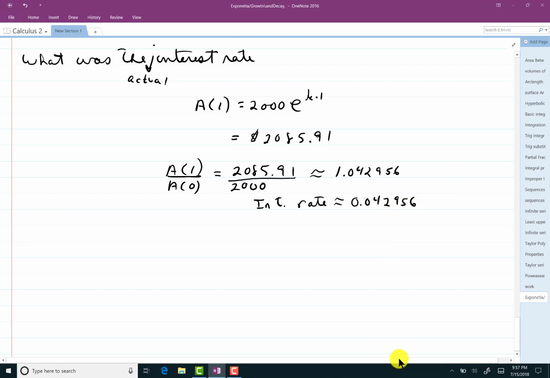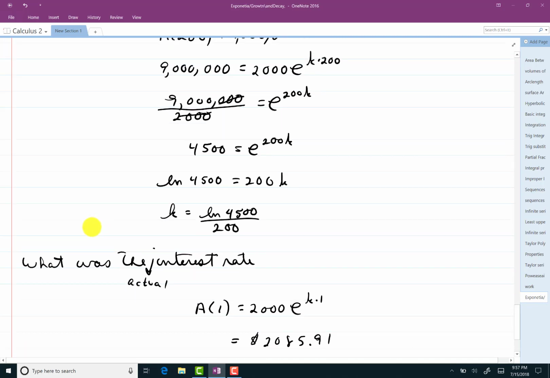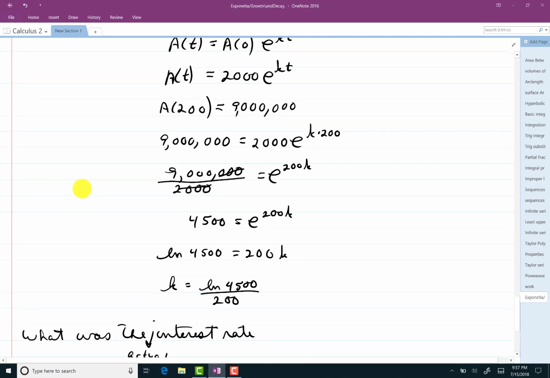Let me change it to a percent. There was our final answer, but I want you to see something even more important. This is roughly 4.3%, a little less than 4.3%. A little less than 4.3% earned us $9 million.